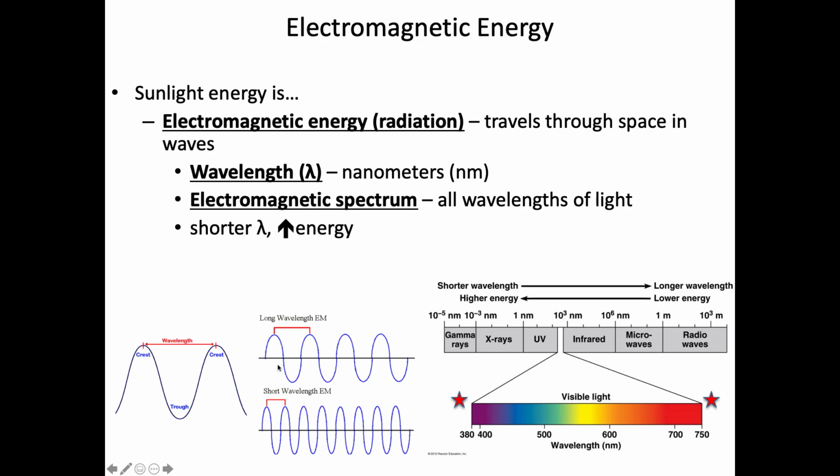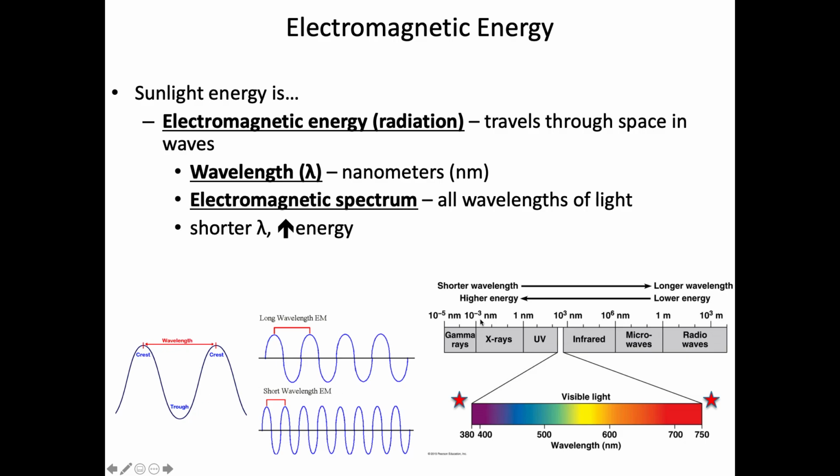One wavelength is measured from one crest to another crest. The crests are the top part of the wave, and the trough is the bottom part. One wavelength goes from crest to crest and includes one trough. These are measured in nanometers.